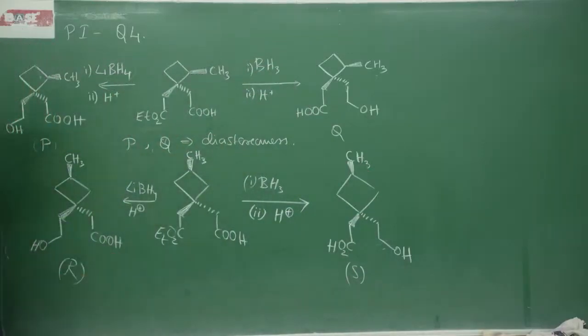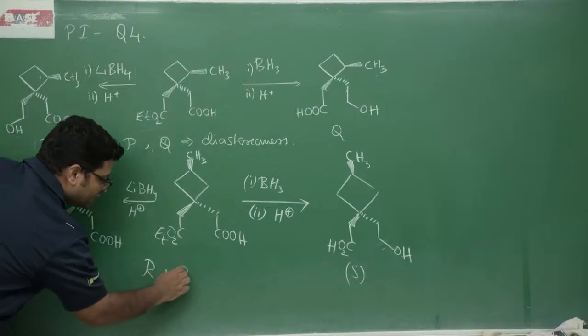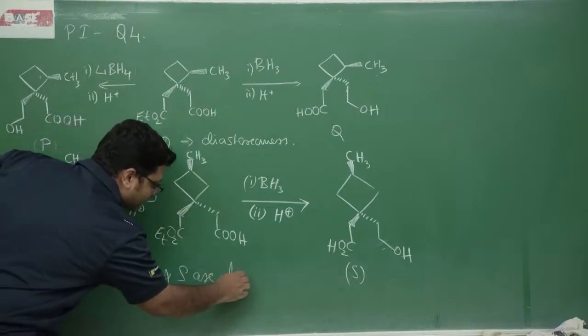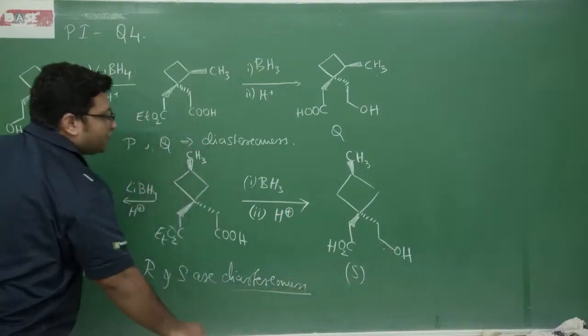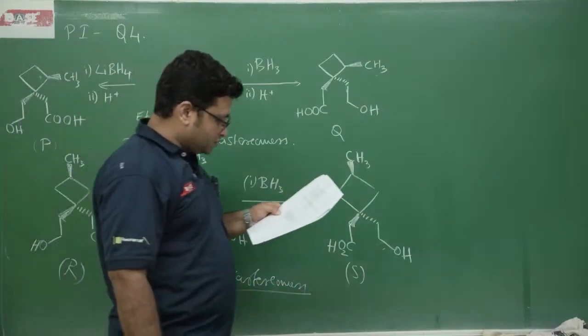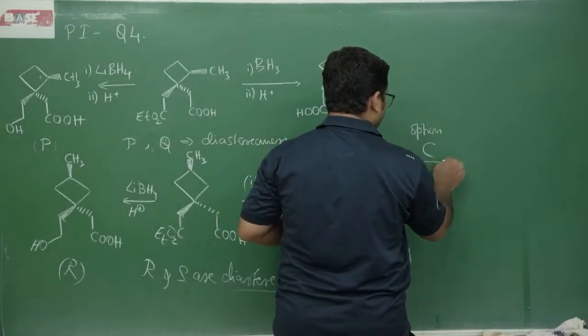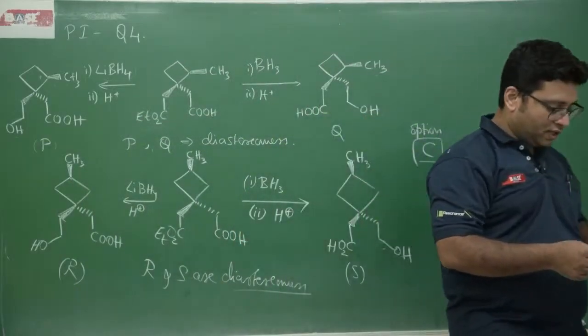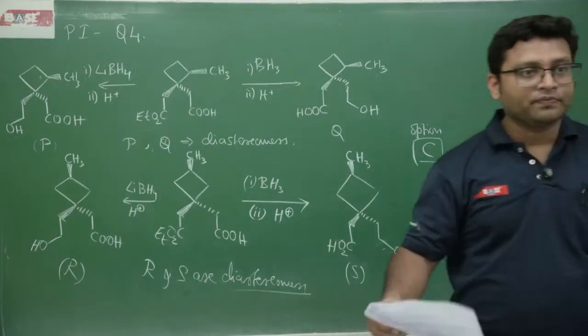So these two are geometric isomers, hence diastereomers. Even R and S are diastereomers. So the correct option here is option C, telling that both P and Q are diastereomers as well as R and S are diastereomers.